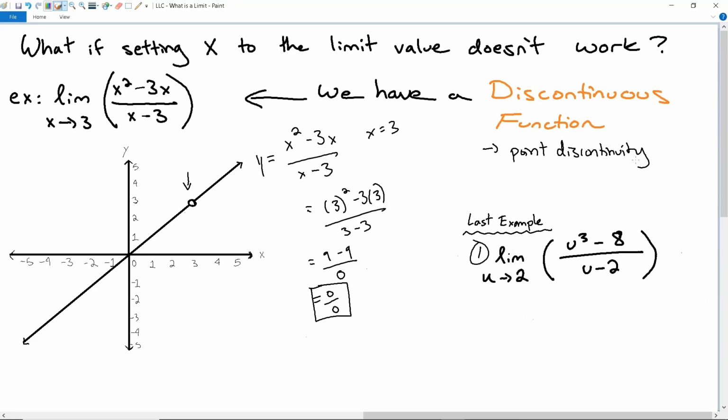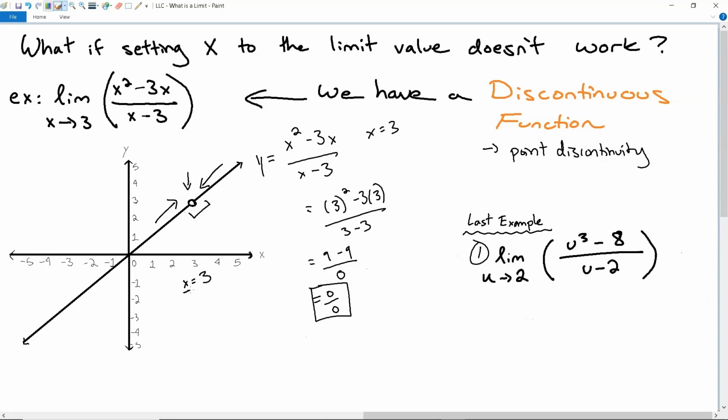And what that means is we basically have a pretty standard function, but there's one point on it that is not defined. So it's kind of got a gap in it. So if I have a graph for this function, it's pretty easy to see that the limit can still be defined, even though the function is not defined at x equals 3.